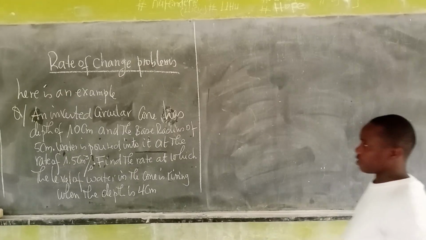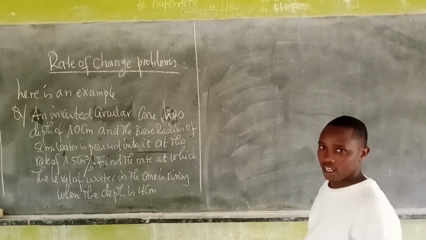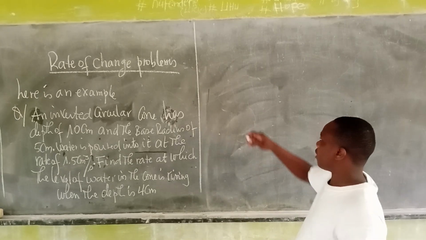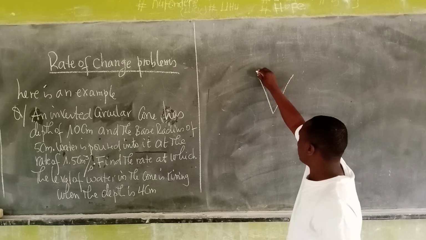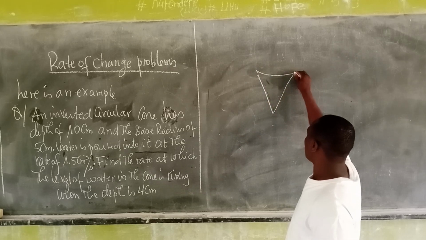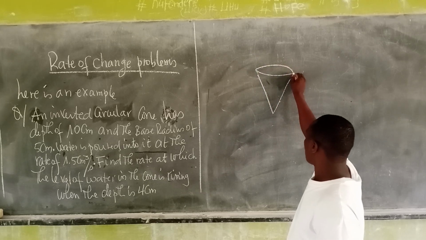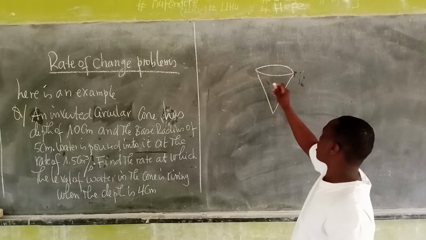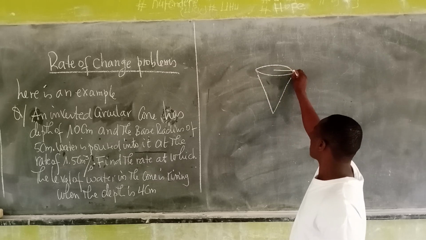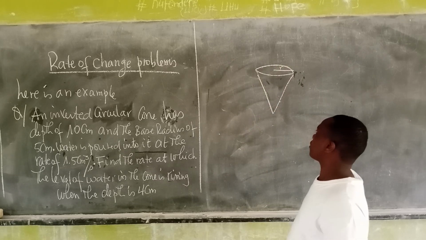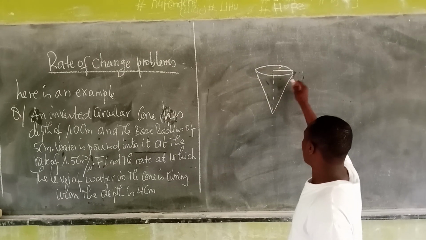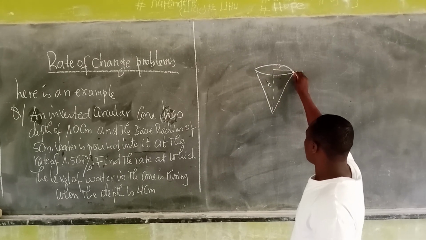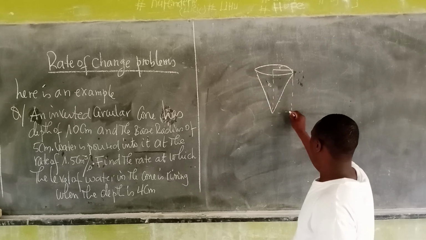To answer a question like this, let us draw an inverted circular cone this way. This is a cone of radius r and height h.